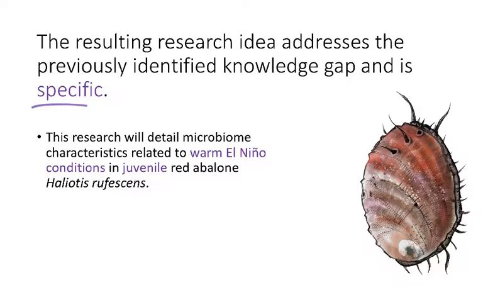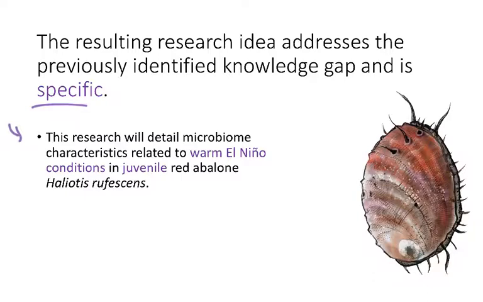So this is a research idea that again is pulled from one of my actual proposals. So based on the knowledge gap that I set up in the introduction, and I will also talk later in these modules about how to write your introduction and frame your whole study. So I set up my knowledge gap, and from that, my research idea as stated in my proposal is that, quote, this research will detail microbiome characteristics related to warm El Nino conditions in juvenile red abalone Haliotis rufescens.